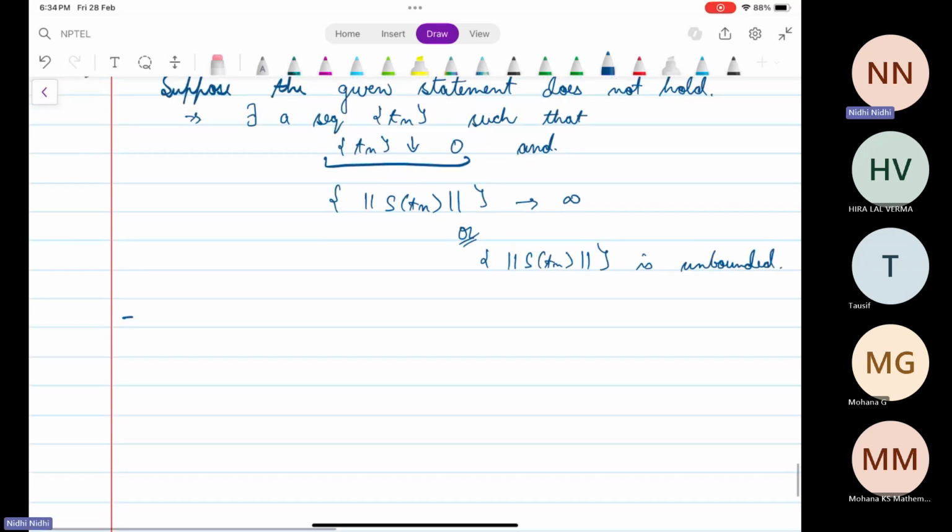This implies by property 3, the limit as n tends to infinity of Stnx is equal to x for every x in V. So that means we have pointwise convergence.